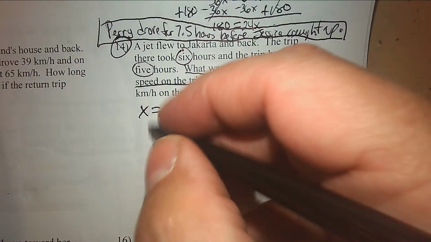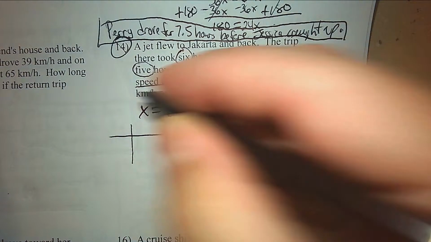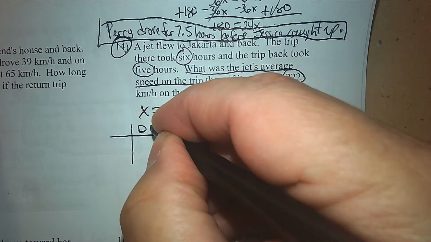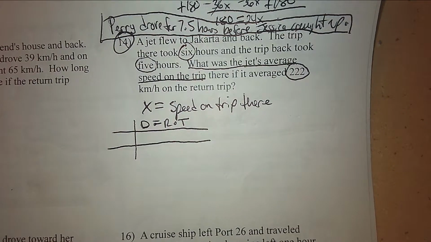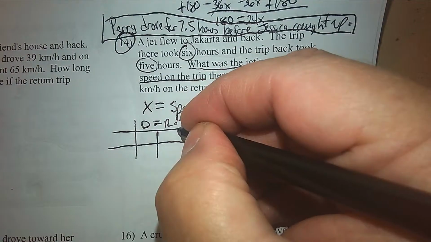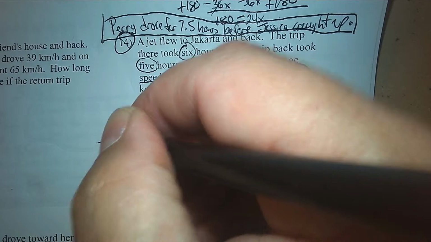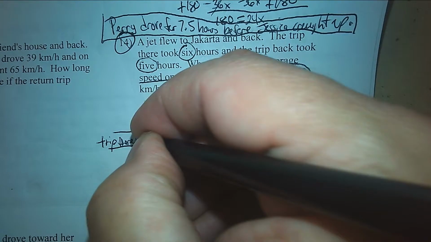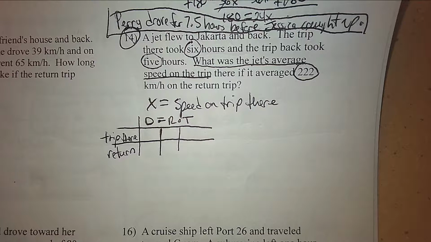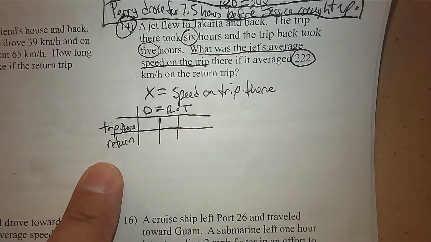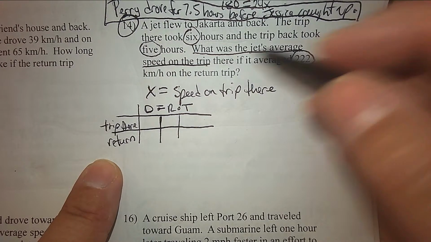So I'm going to create a little chart to organize the information. So I understand that distance is equal to rate times time. And we have the trip there and the return trip. So what I do know is the trip there took 6 hours.